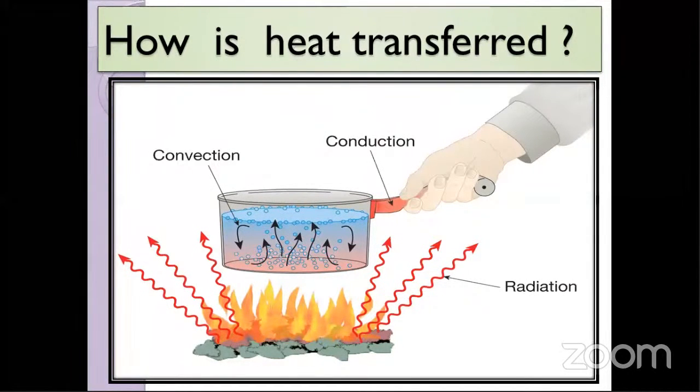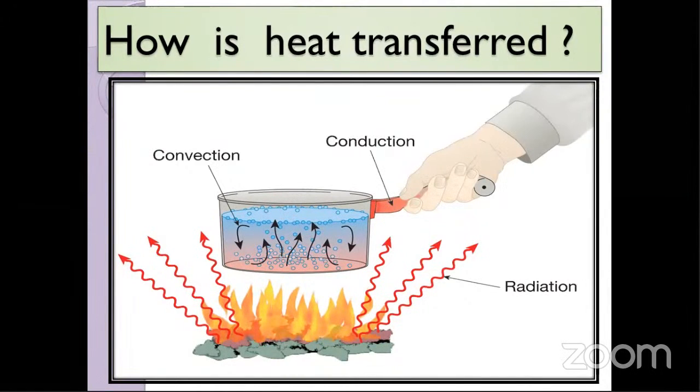First of all, conduction. What is meant by conduction? Children, in conduction, heat from the stove is transferred to the pan. That means in solid material, heat is transferred as shown in the picture. See here, conduction is in the solid form. Next one is convection. Heat is transferred to water via convection, in liquid form.